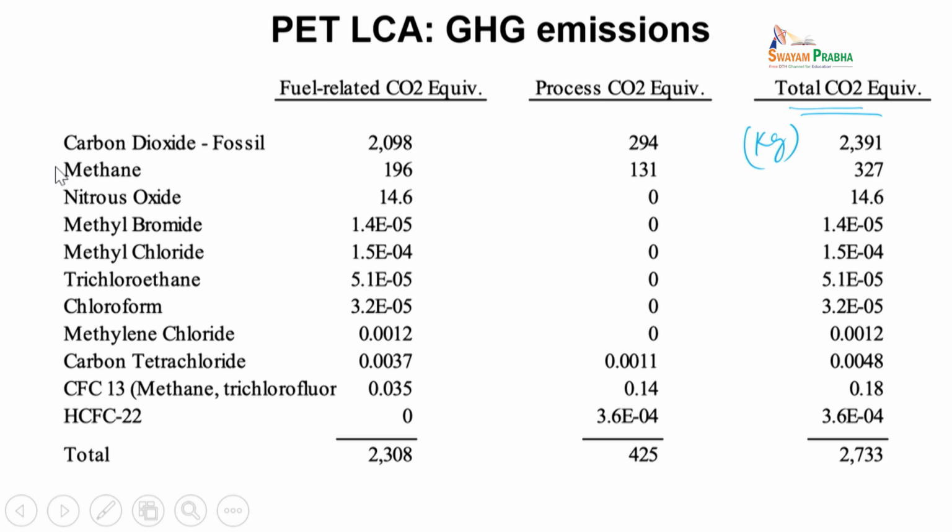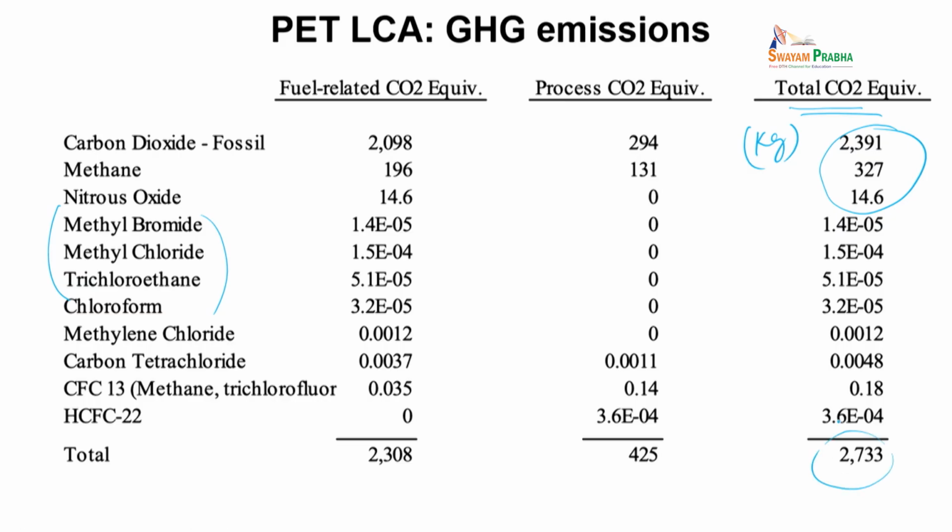The various gases involved are carbon dioxide, methane, nitrous oxide, methyl bromide, methyl chloride, but all these others are in much lesser quantities, whereas the dominant ones are largely the first three: CO2, next methane, and then nitrous oxide. They sum up to give a total amount of CO2 equivalent emissions for the greenhouse.